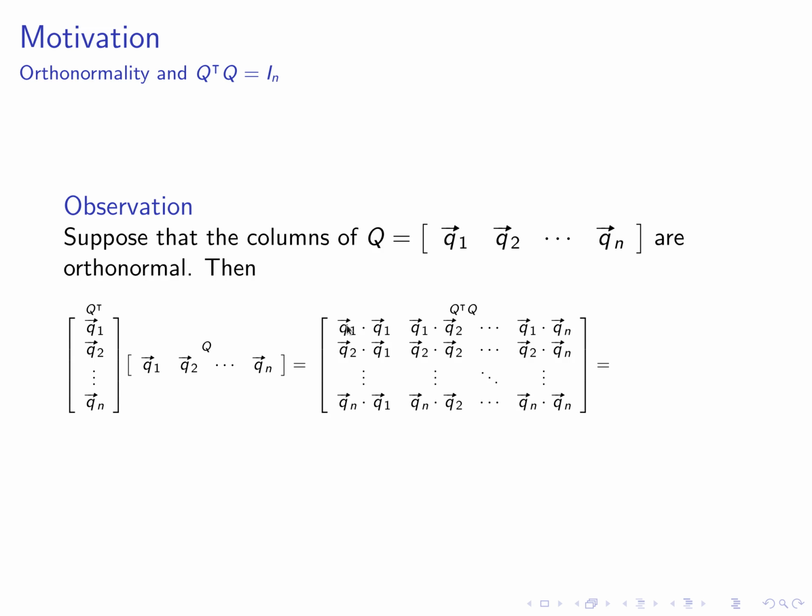So again, the 1, 1 entry is Q1 dotted with Q1, the 1, 2 entry is Q1 dotted with Q2. To obtain the 2, 1 entry, we would take Q2 and dot with Q1. To obtain the 2, 2 entry, we would take Q2 and dot with Q2, and so on. And now remember, the assumption we're making about this matrix is that the columns form an orthonormal list.